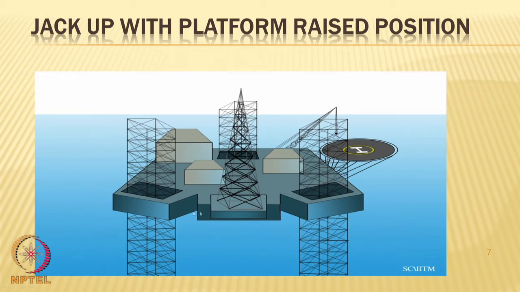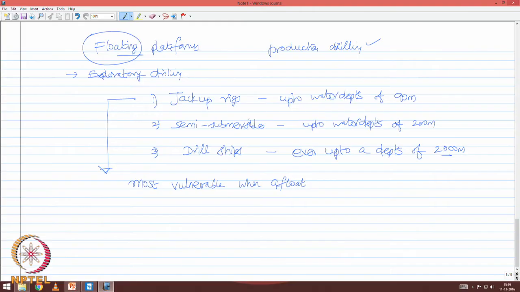When the jack-up rig reaches the site, by extra ballasting, the hull is pulled up, at the same time the legs are driven into the water. That is why it is called a jack-up rig. This figure shows the platform in a raised position. Generally, jack-up rigs are vulnerable when they remain afloat.